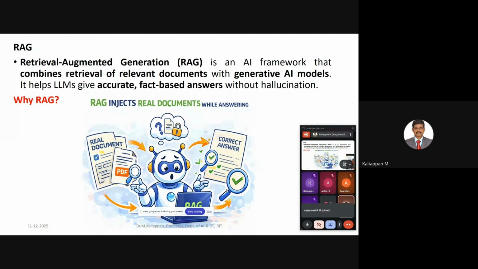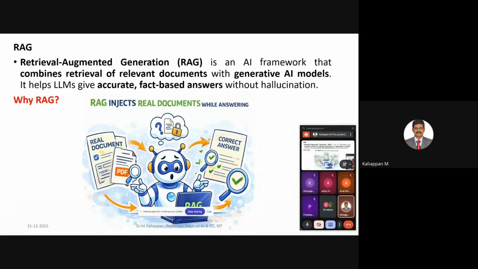First of all, what is RAG? What is the purpose of RAG or LLM? I hope all of you know about LLM, large language model. Without RAG, we cannot retrieve any relevant document or relevant answer from LLM. LLM means ChatGPT and the others.